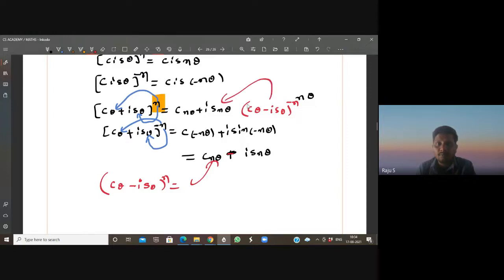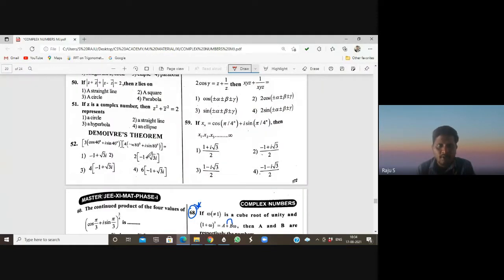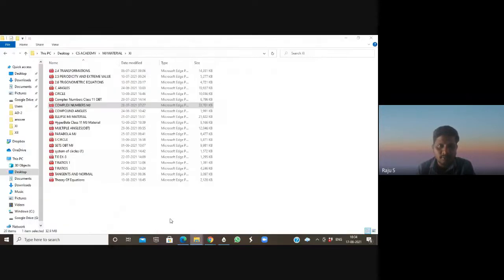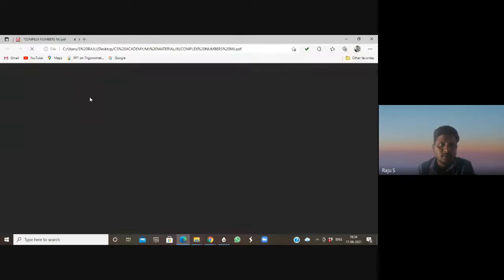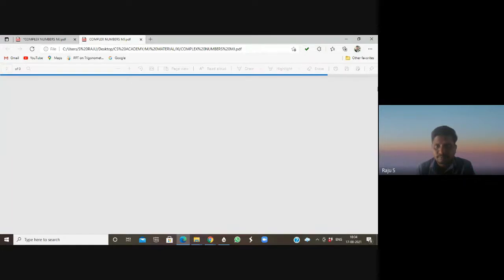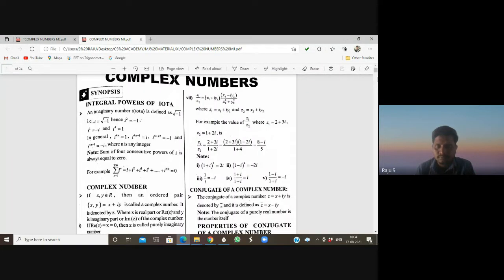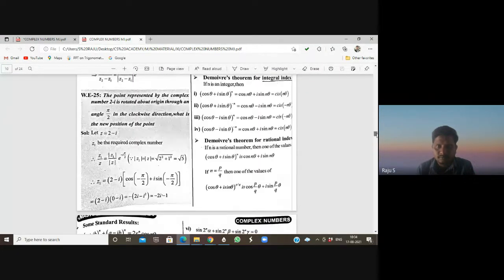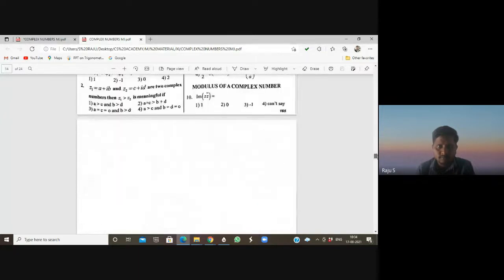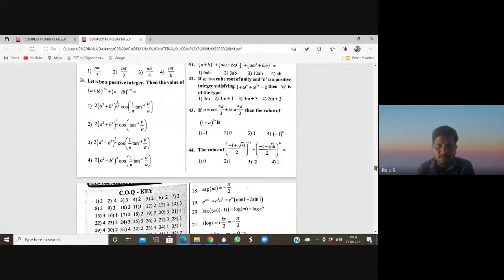This one, because you know cos of minus theta becomes plus cos theta. So in the same way, properties are there. These properties, you have to remember.